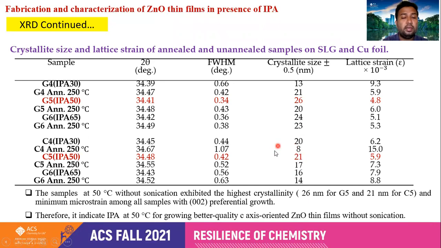Therefore, we see at 50 degrees Celsius the highest crystallinity and minimum microstrain among all samples with 002 plane preferential growth. Therefore, it indicates isopropyl alcohol at 50 degrees Celsius is better for growing good quality C-axis oriented zinc oxide thin films without the sonication procedure.